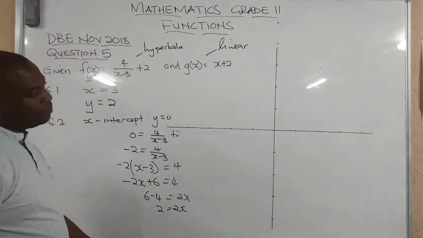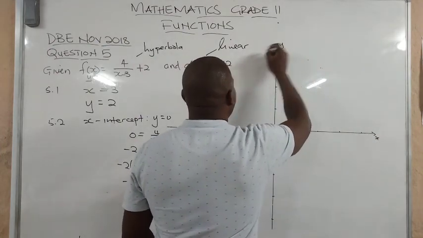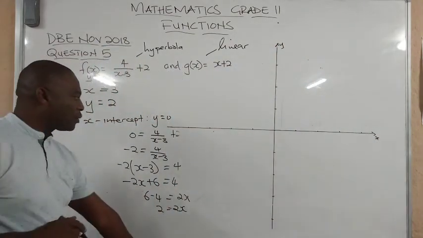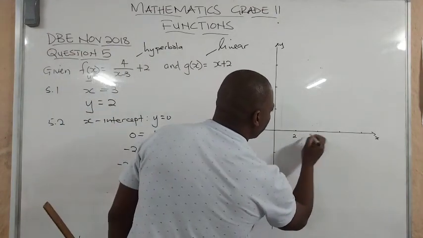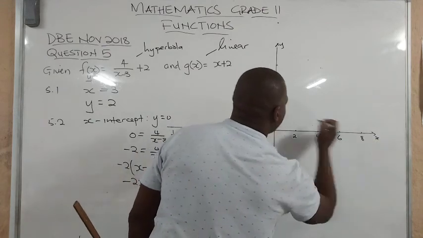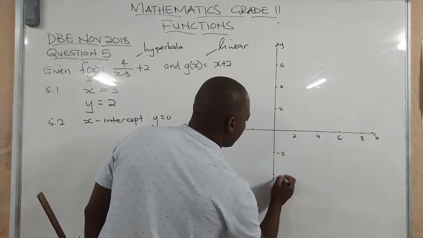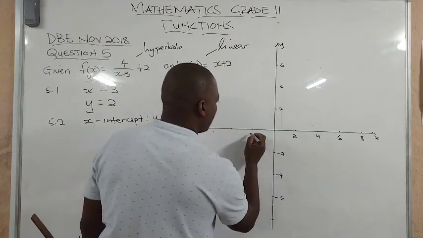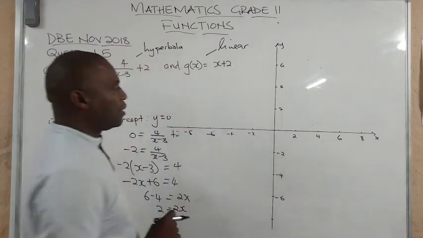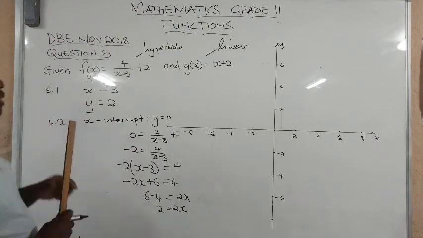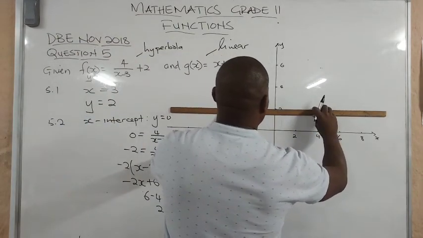So this is our x-axis, our y-axis. Let's show the asymptotes. We have said we have asymptotes at x equal to 3 and y equal to 2.